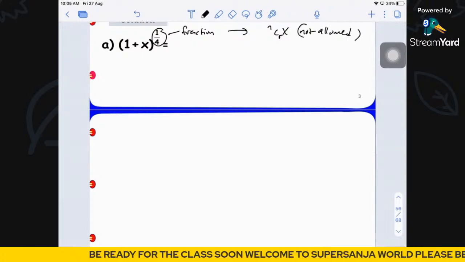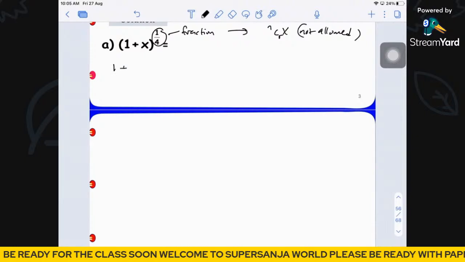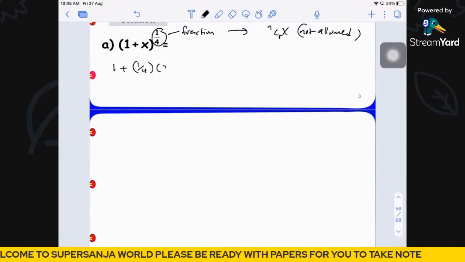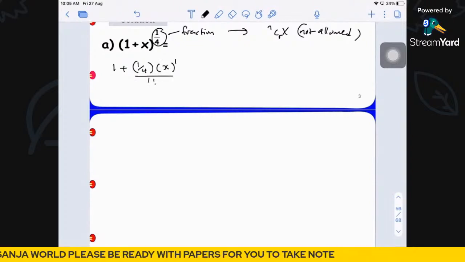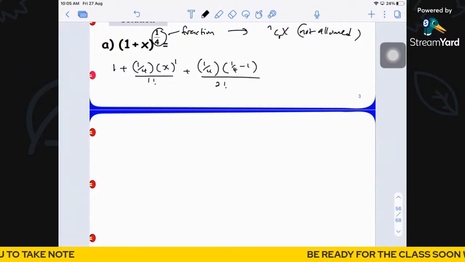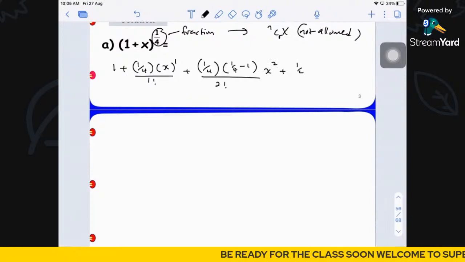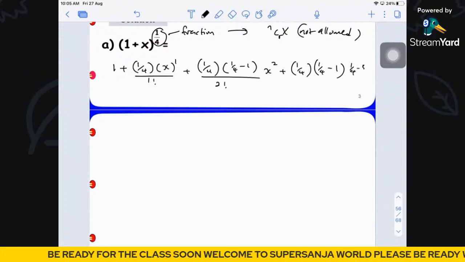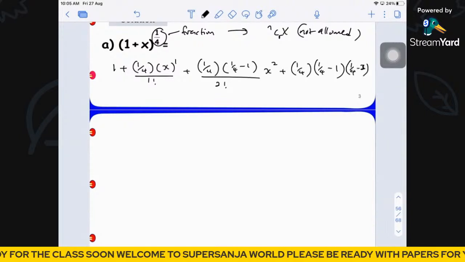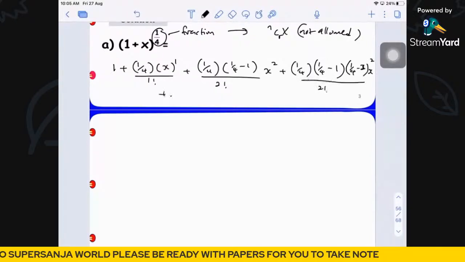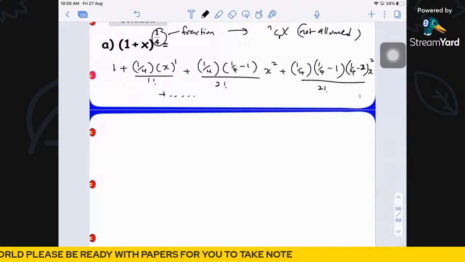So this is 1 plus 1 over 4 x power of 1 over 1 factorial plus 1 over 4, 1 over 4 minus 1, over 2 factorial x power of 2 plus 1 over 4, 1 over 4 minus 1, 1 over 4 minus 2, x power of 3 over 3 factorial plus dot dot dot, because it's infinite.